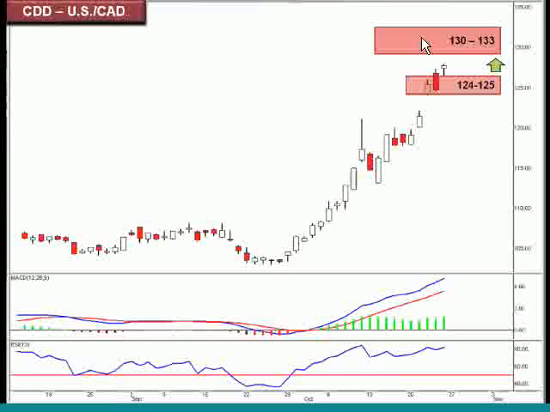So, for example, if we anticipated a breakout of this level here, trading up into the 133, or so on, we could buy down here, pay our expensive premiums based on volatility, but then offset some of that cost by selling our options up here, recognizing that over the shorter time frame we're likely to meet with some resistance in that area.